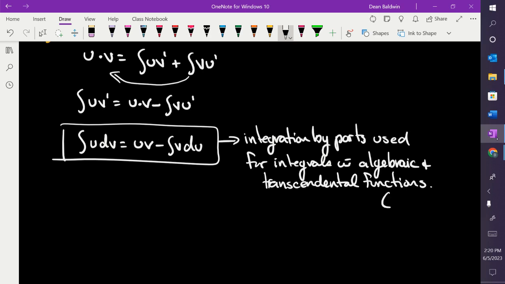So what's a transcendental function? Anything you can't use algebra on. E to the x, natural log of x, the trig functions, etc. Those are all transcendental functions. Okay?